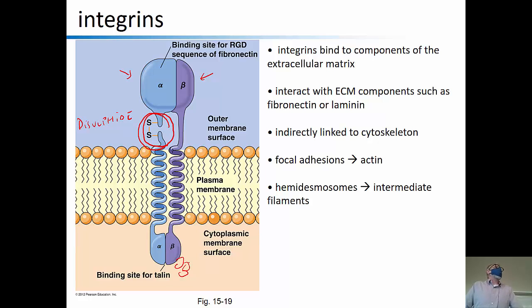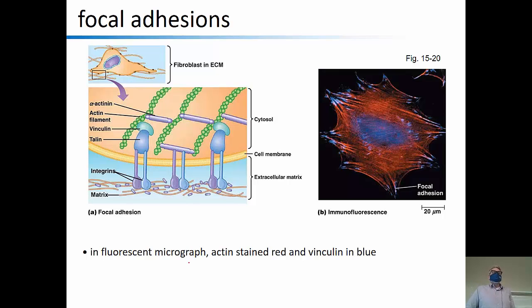And there are 2 things we have here: focal adhesions, and remember, these are often associated with those stress fibers we looked at in the cytoskeleton, and hemidesmosomes, which are bound indirectly to the intermediate filament. So here we can see a focal adhesion. We have the alpha-beta integrins, and they are interacting indirectly via these 2 proteins to actin.